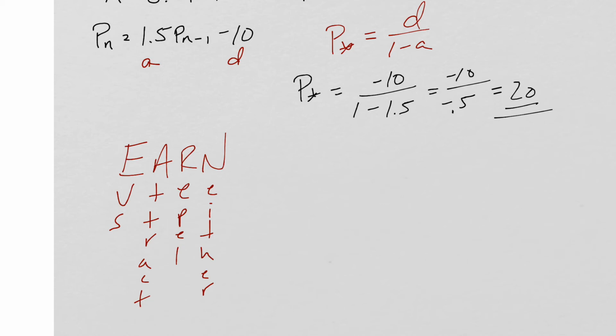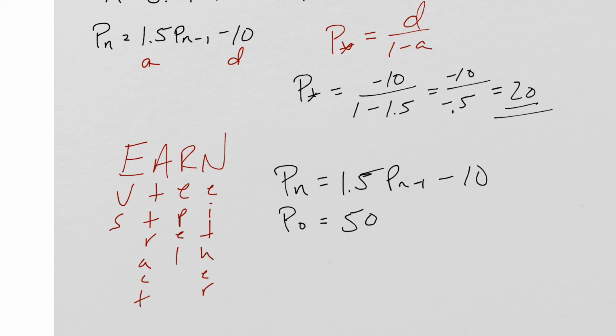So if we're going to do that, let's pick some arbitrary initial condition to go along with our recursion equation. So we've got P sub n is equal to 1.5 P sub n minus 1 minus 10, and we're going to say that P naught is going to be equal to 50, right? And so that means that P1 is equal to 1.5 times 50 minus 10, which equals 65.